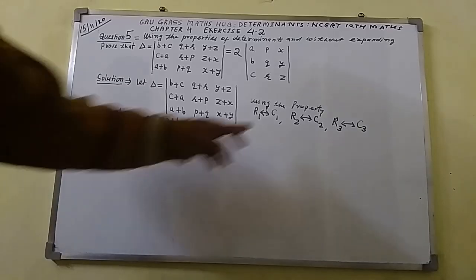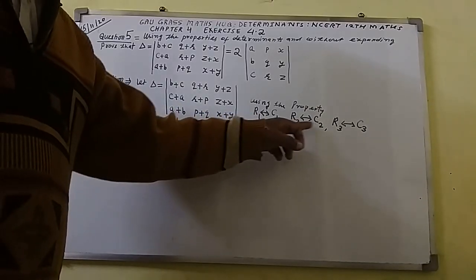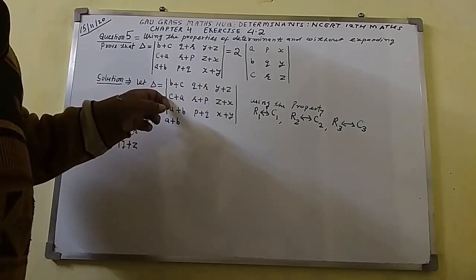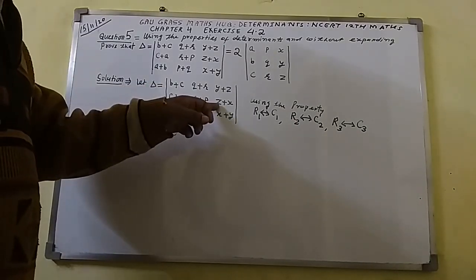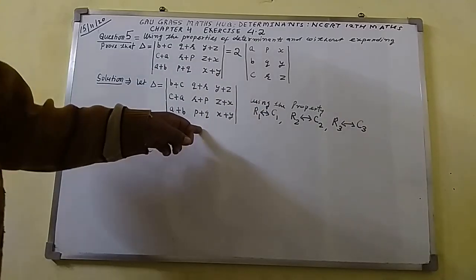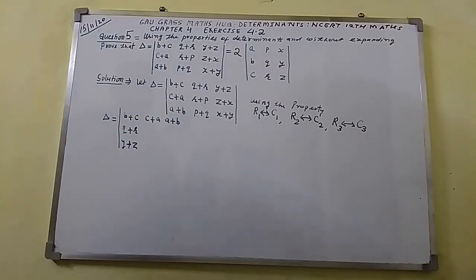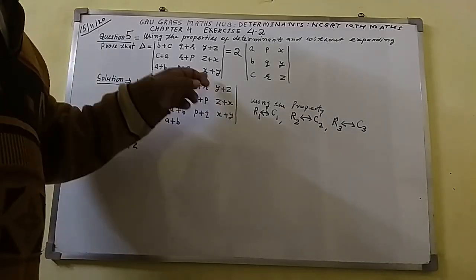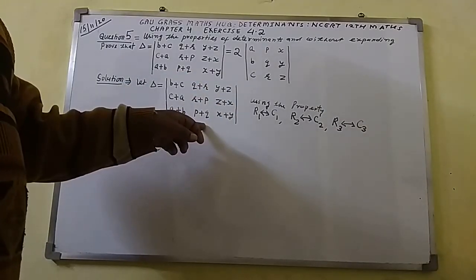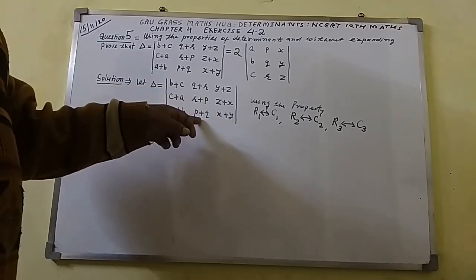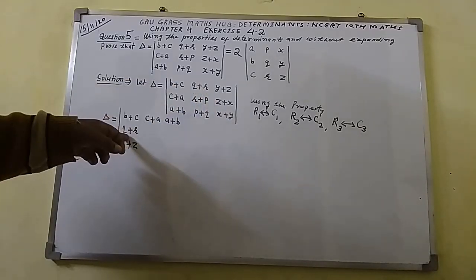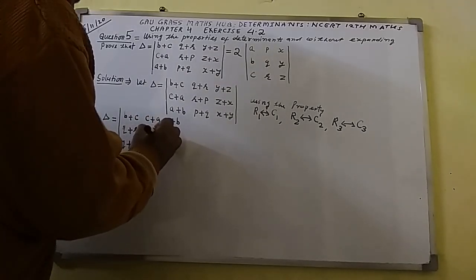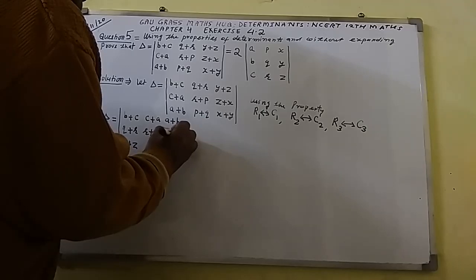Now here it says R2 interchange to C2. So in place of R2, C2 will be written. So q plus r, then here I shall write r plus p, here I write p plus q.